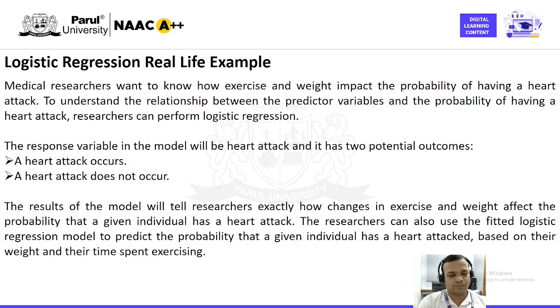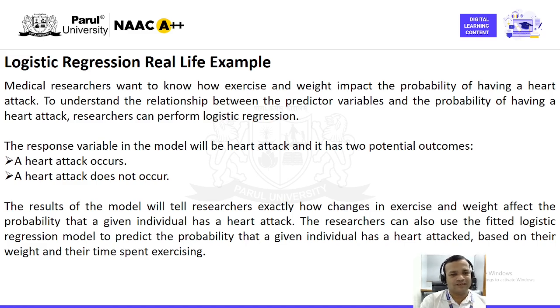Some researchers want to know how exercise and weight impact the probability of having a heart attack. To understand the relationship between the predictor variables, exercise and weight, and the probability of having a heart attack, the target variable, researchers can perform logistic regression.